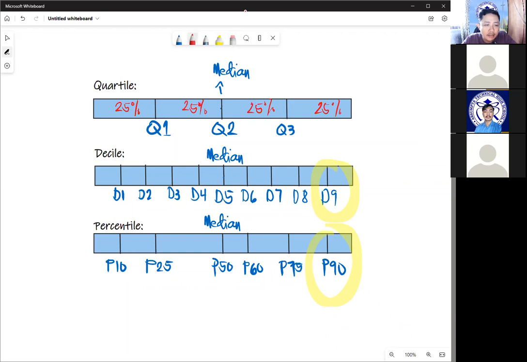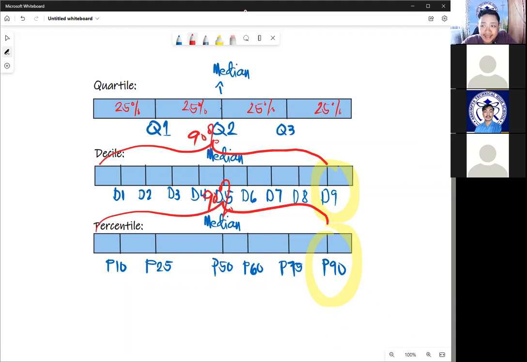And they just mean from this point to this point, that's just 90%. Similarly, this is equivalent to 90% of your data. Got it? Show me a reaction if that's clear. The interrelationship of these three concepts are clear. Let me see. Very good.